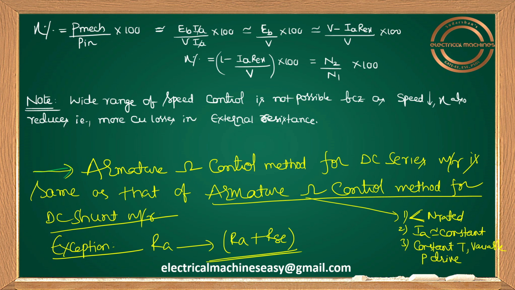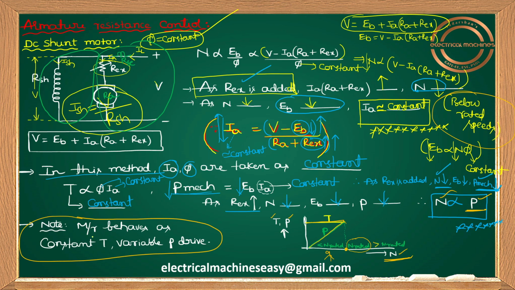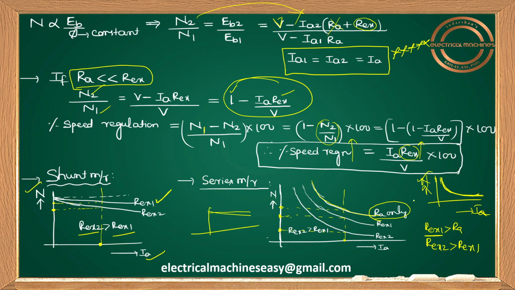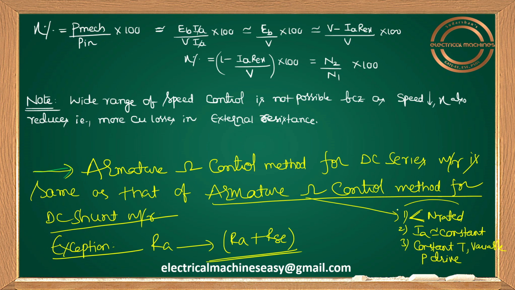So these points I told here: constant torque, variable power drive, and IA constant below rated speed. The same points are applicable for DC series motor also. Okay guys, try to remember that.